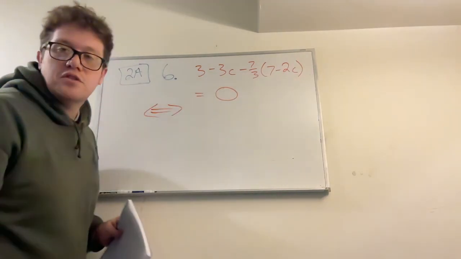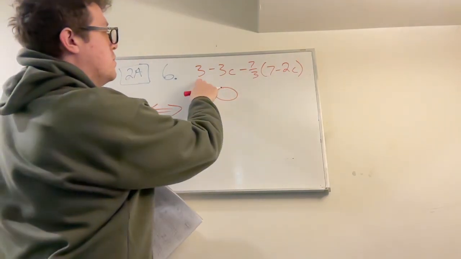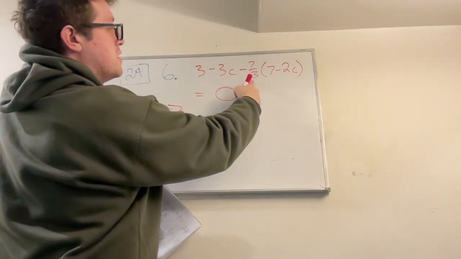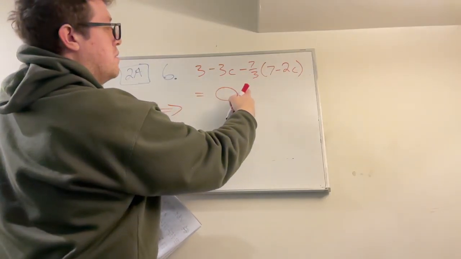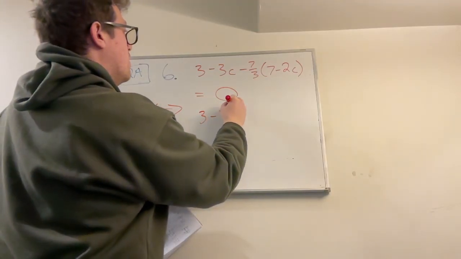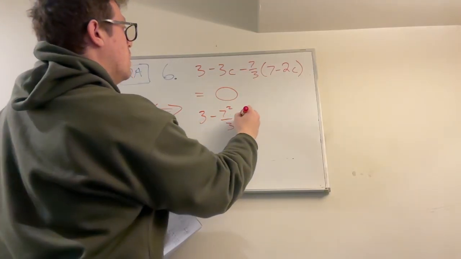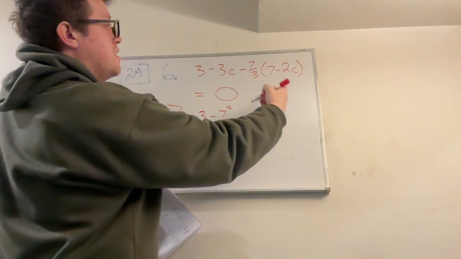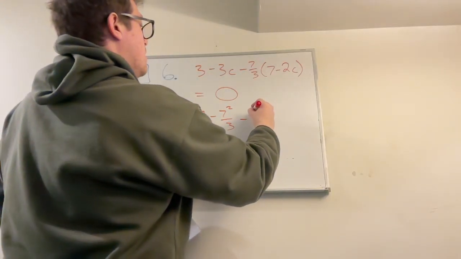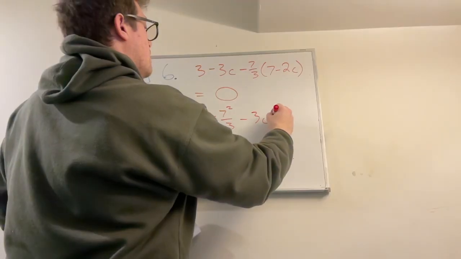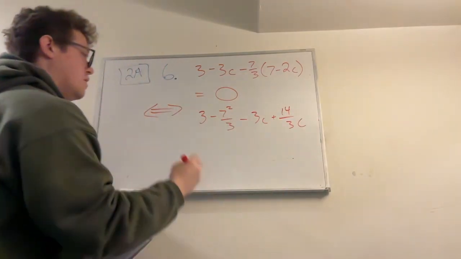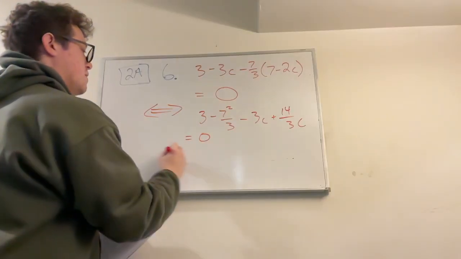So that's if and only if, now we just have to solve for c, right? So what is this? 3 minus 7 squared over 3 minus 3c plus 14 over 3c equals 0, which is if and only if.